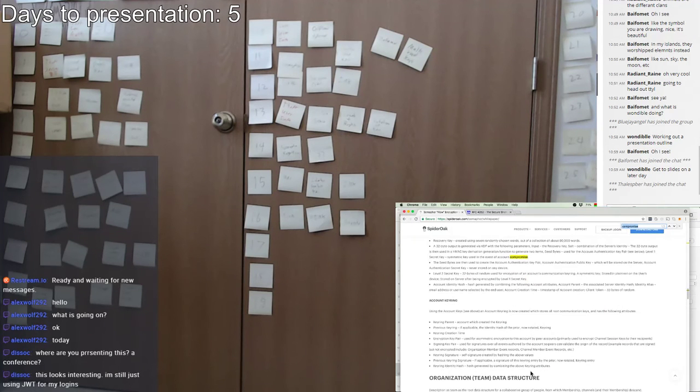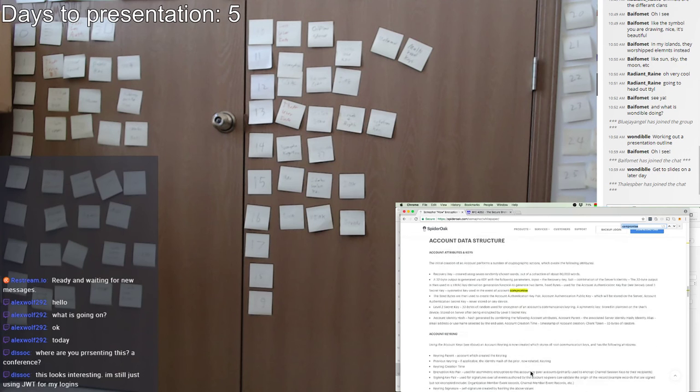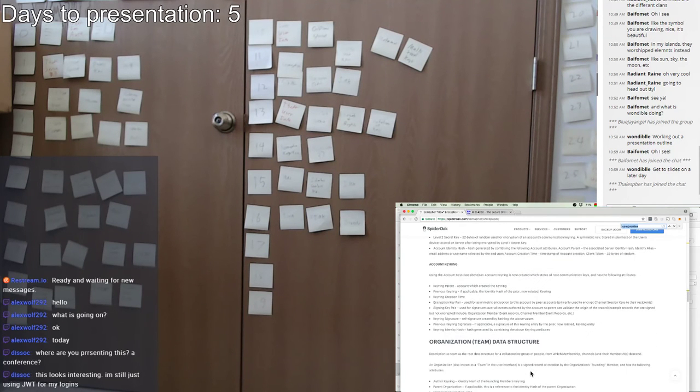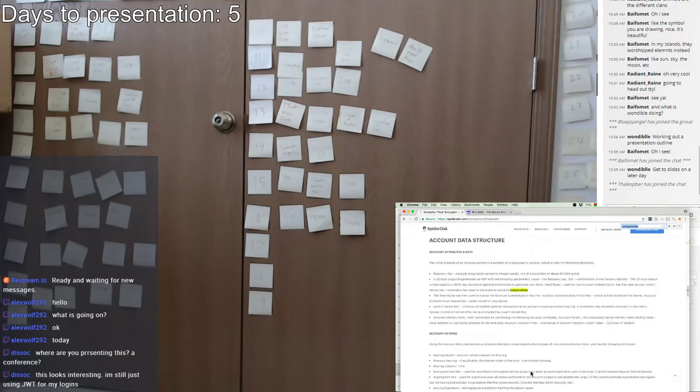Account keyring: encryption key pair, signing. Okay, so the identity is not used for signing or encryption.